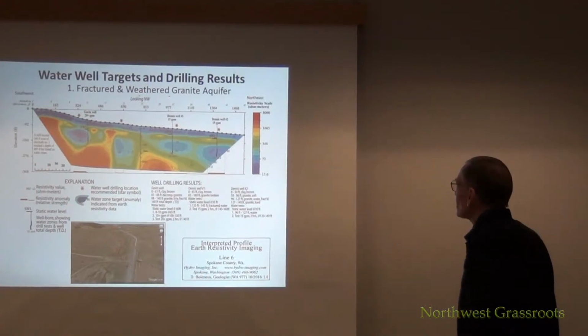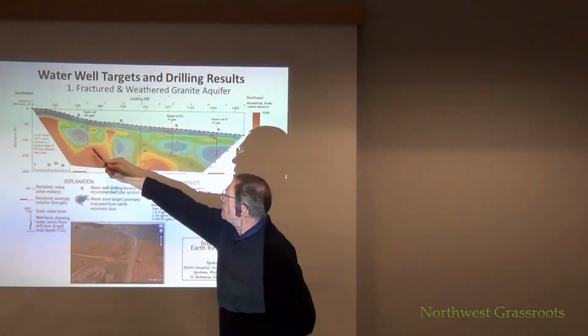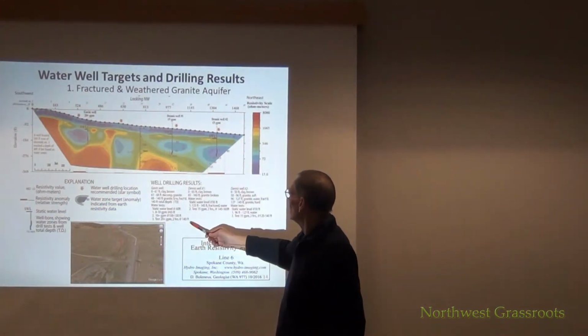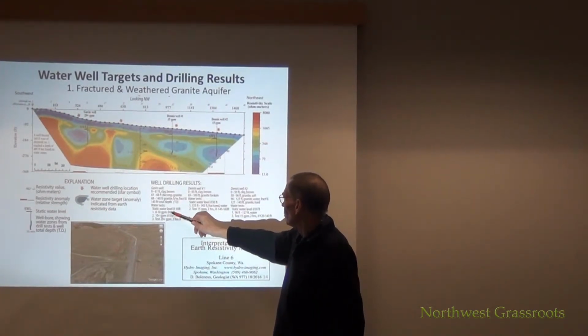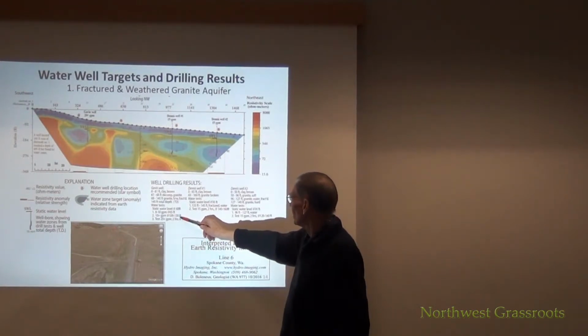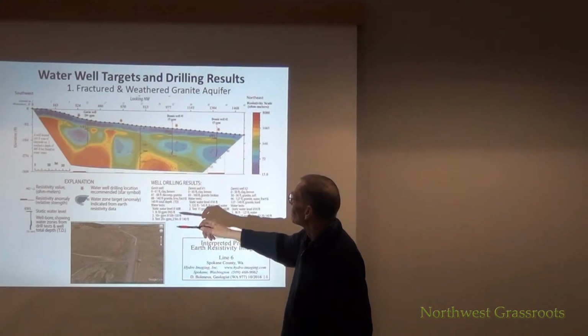So there were 3 wells drilled on those 4 points. This well drilled to 140 feet, found water starting at 65, and then water again at 100 to 130, and then they tested water at 20 gallons a minute at 140 feet.